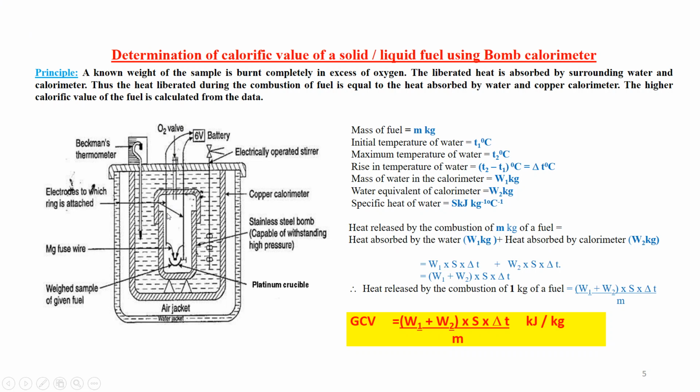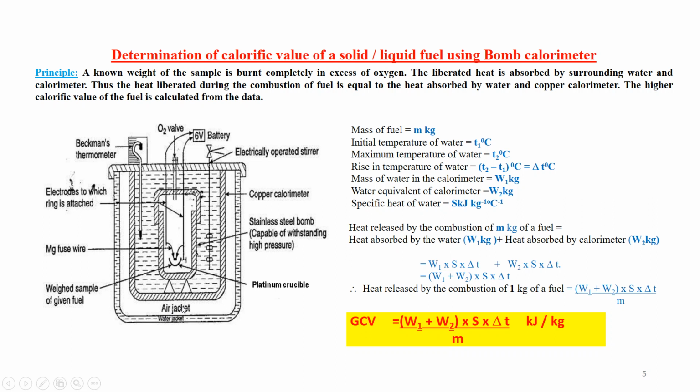Now, this bomb will be kept inside the copper calorimeter containing weighed mass of water. And there is one electrically operated stirrer, and also there is one sophisticated thermometer, Beckman's thermometer. Now this copper calorimeter will be surrounded by air jacket and also water jacket. Here air jacket and water jackets are used to minimize the heat loss.